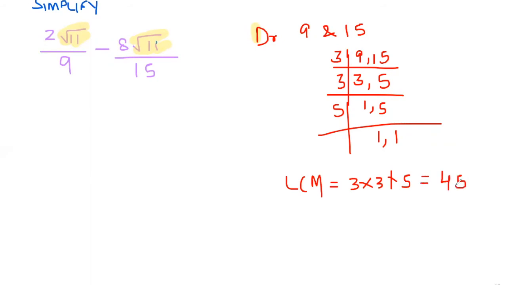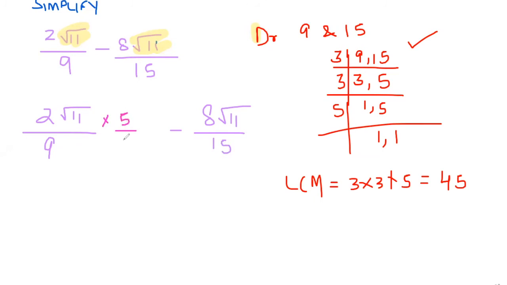So even if you don't want to do this process, it's fine. But without doing that also, if you can find out the common denominator, that's perfect. So 45 is the common denominator. In the process of making the denominator same, I'm going to multiply here 5, because 9 times 5 is going to give me 45.